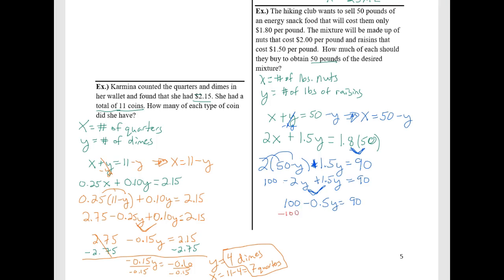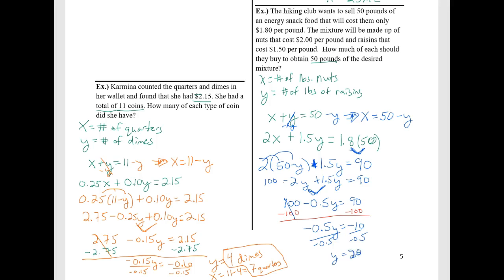I subtract 100 from both sides. So this is gone. I now have negative 0.5y equals 90 minus 100, which is negative 10. Divide both sides by that negative 0.5. And now y equals a positive 20.